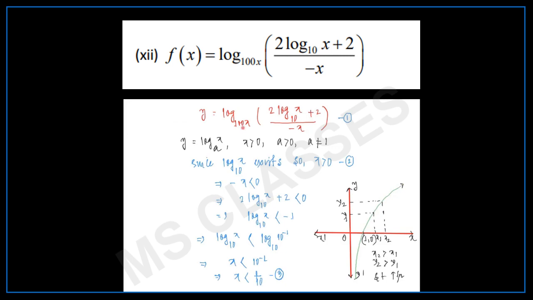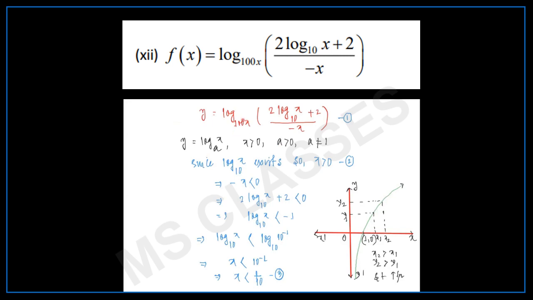Now we move on to the base. Here base is 100x. Base is 100x means this base should not be 1. Since x greater than 0, it is already been mentioned, so 100x is also greater than 0. Only one thing you have to take care of, that this is not equal to 1.